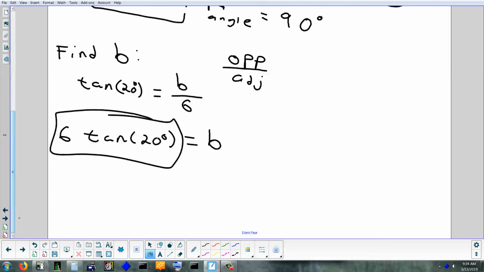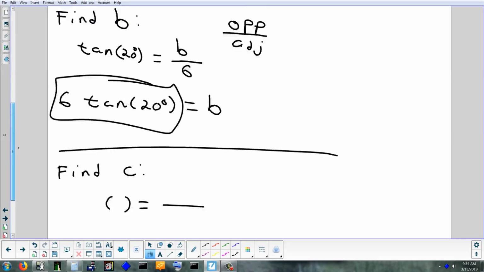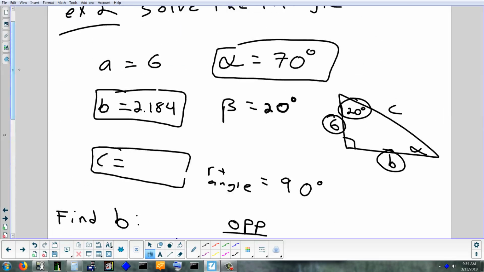And now let's do C. All right, so I'm going to find C. I know it's going to be a fraction on the other side, so I'll set that up. I know I'm going to have a trig function with parentheses, so I'll just set up everything I can, and now I'll fill in the rest. All right. So C. What side am I using now that I didn't use last time?